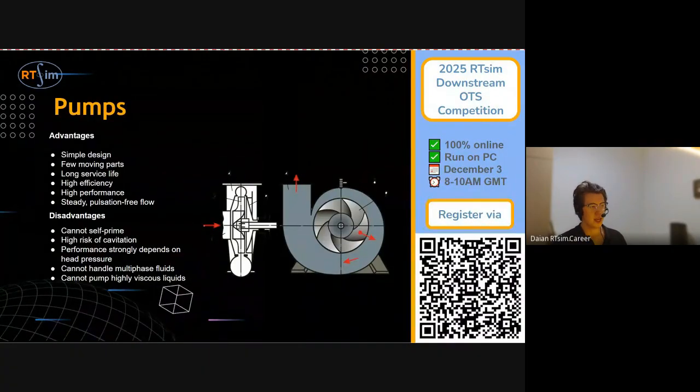Cavitation is a process where there are a lot of air bubbles in our liquid, and cavitation can destroy our pumps and other dynamic equipment. The next disadvantage is that performance strongly depends on head pressure, and they cannot handle multi-phase fluids and cannot pump highly viscous liquid.